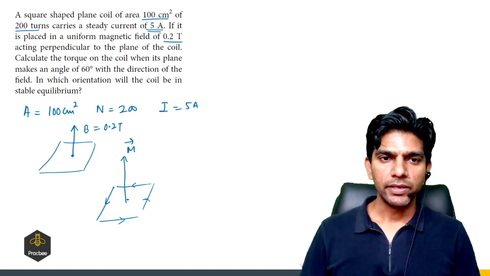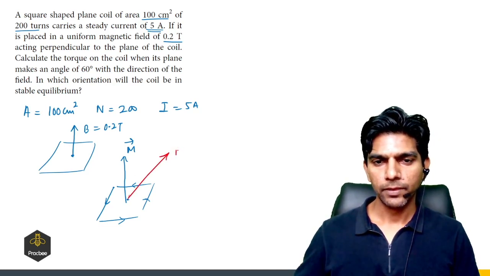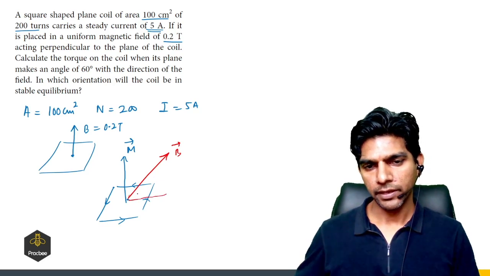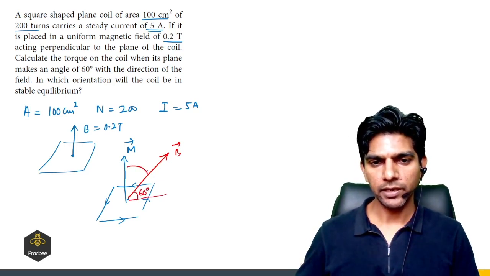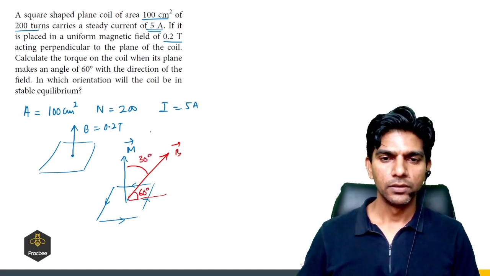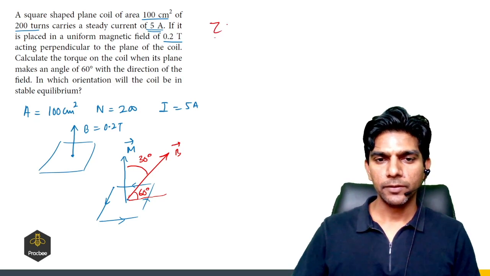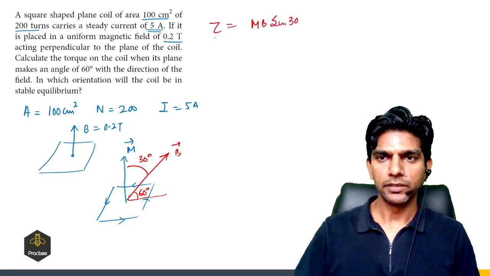When its plane makes an angle of 60° with the magnetic field, then the angle between magnetic dipole moment and magnetic field is 30°. So the torque will be m B sine 30°.